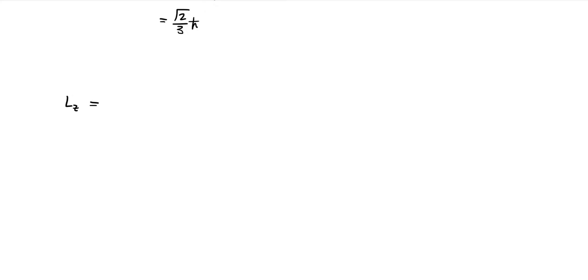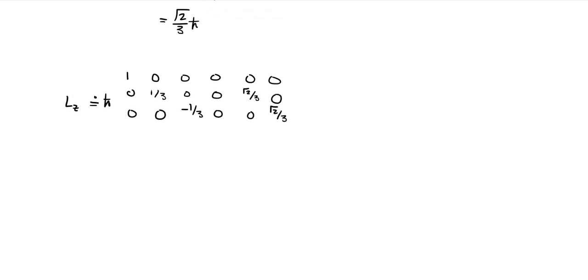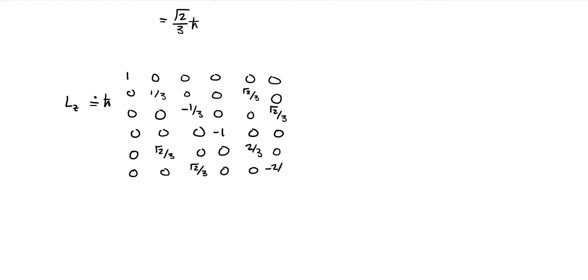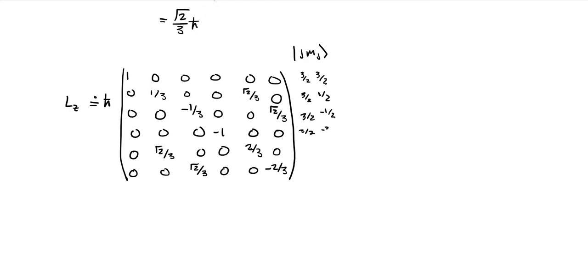L sub z, that operator, is going to be written as h bar times the matrix, which I'll speed up, where I've written the basis vectors in this J M_J eigenbasis: 3/2, 3/2; 3/2, 1/2; 3/2, negative 1/2; 3/2, negative 3/2; and then the 1/2, 1/2 and 1/2, negative 1/2 basis vectors.